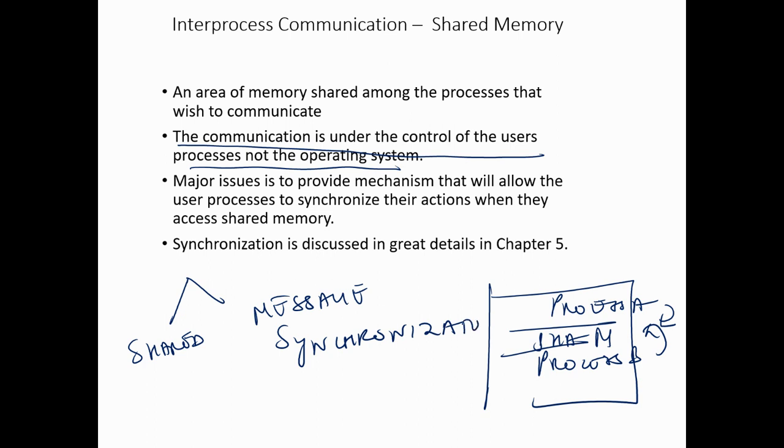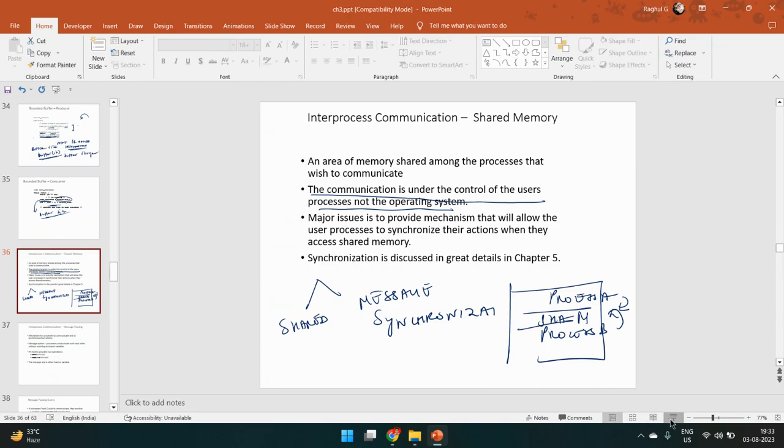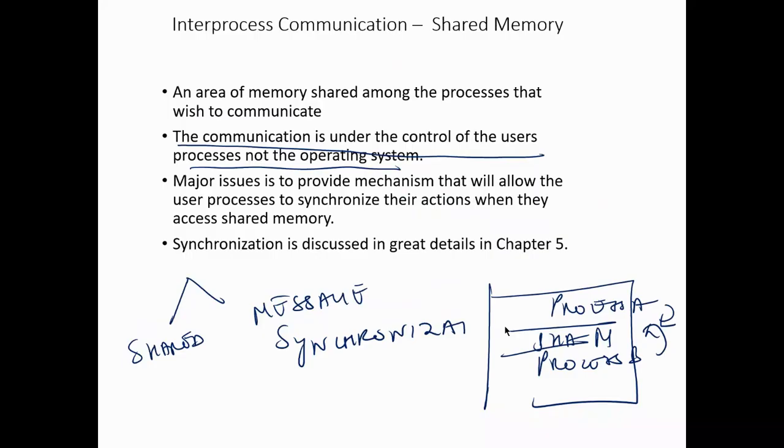At what time should process A access the shared memory, and at what time should process B access the shared memory? Why? Because there should not be any conflict when both process A and process B access the shared memory at a particular point of time t.